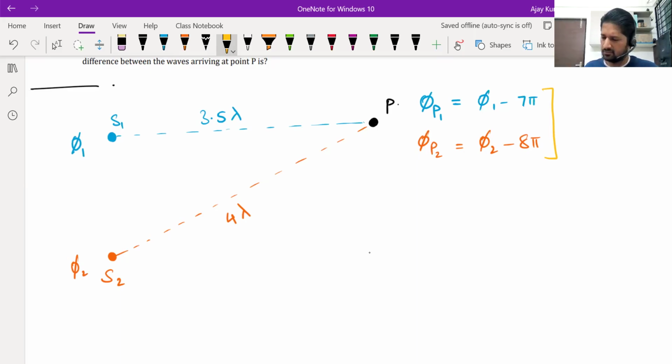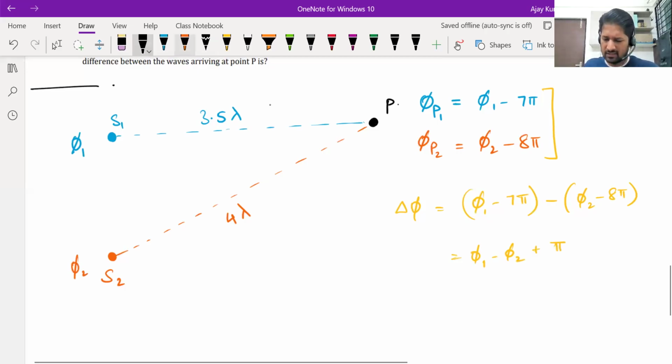Just subtract these two. Phi 1 minus 7 pi, that is the phase of one wave, minus phi 2 minus 8 pi. So it will be phi 1 minus phi 2 plus pi.